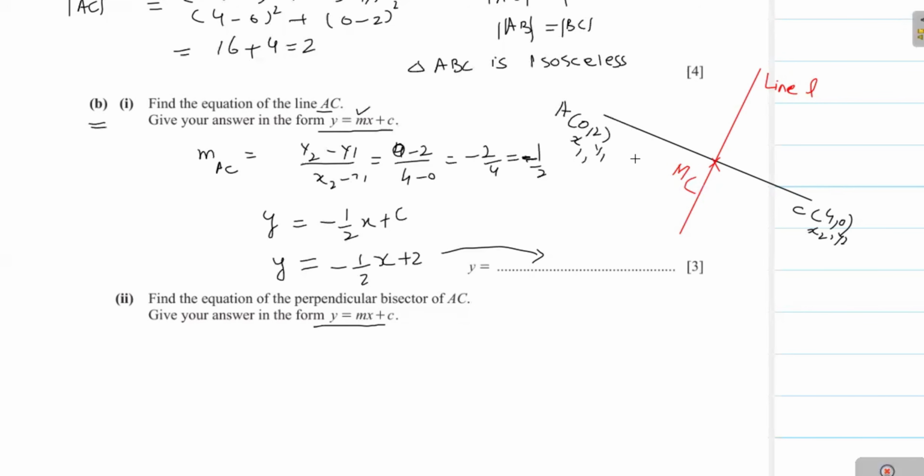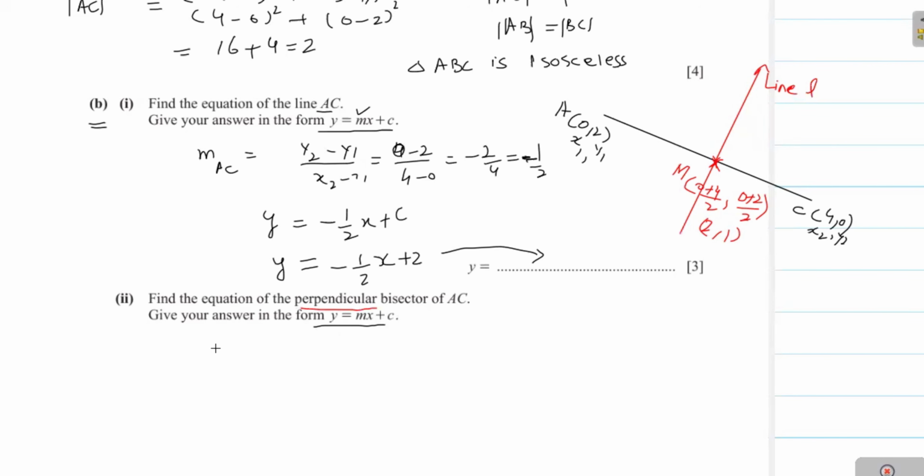Firstly we find the midpoint: 0 plus 4 over 2 and 0 plus 2 over 2. 4 over 2 is 2 and 2 over 2 is 1. Therefore, this line passes through the midpoint, because it is the perpendicular bisector of AC.